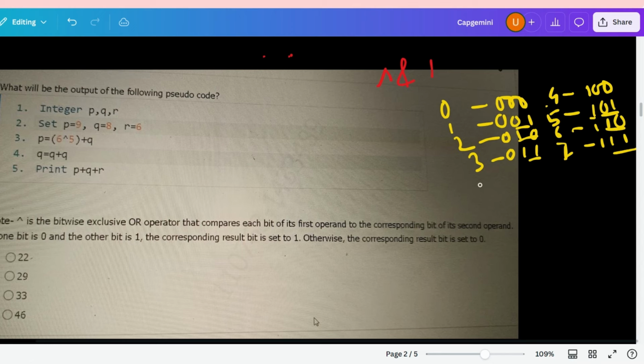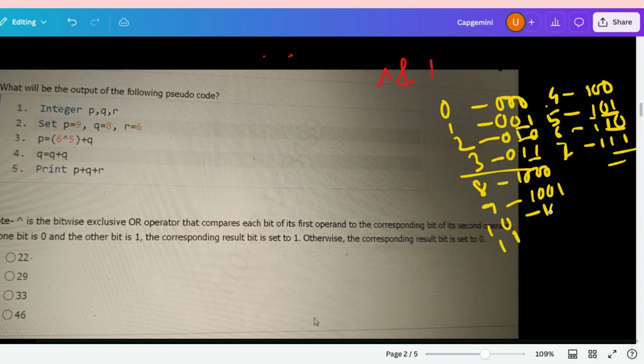Let's say from 8, 9, 10, 11, the pattern will be the same. For 8, the same pattern, only one 1 is included, but with triple zero, 1000. For 9, 1001.